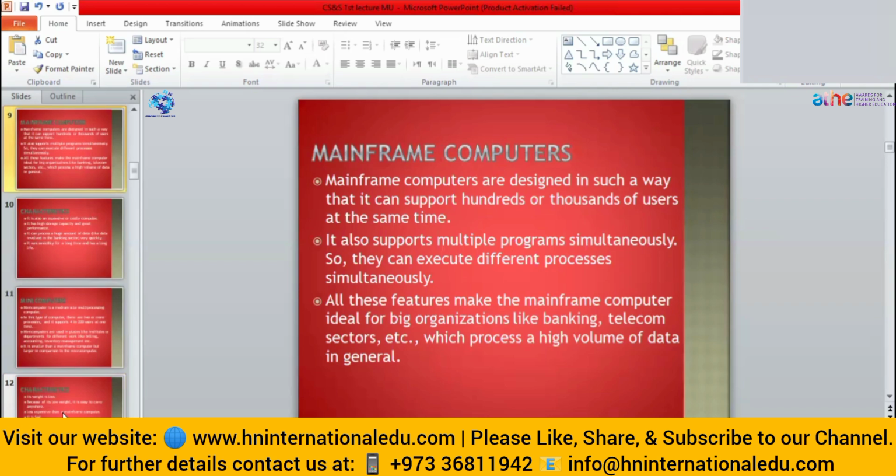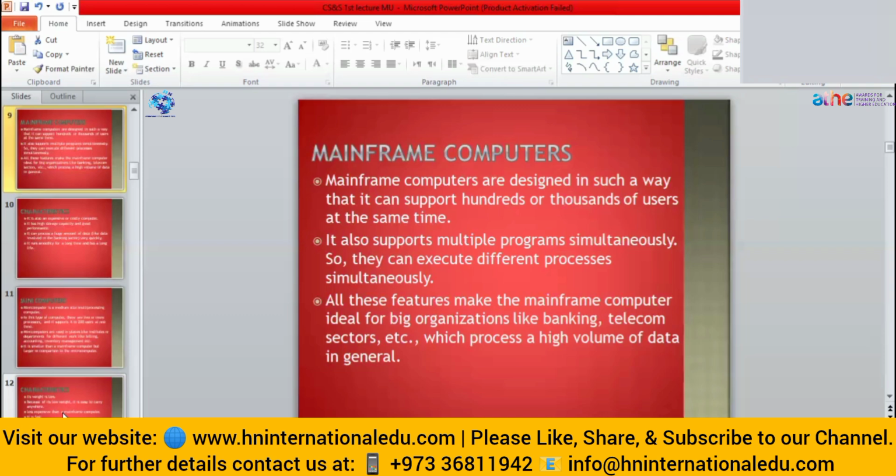They can handle this because multiple persons have to use these computers, and every person has to use a different variety or set of applications. So these computers have the ability to support multiple programs simultaneously. They can execute different processes, different applications, different things simultaneously.